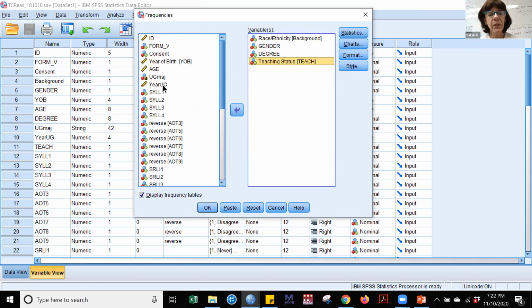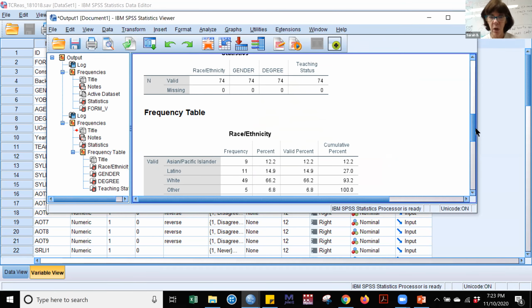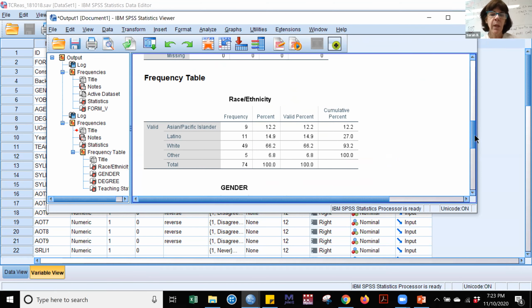You don't want to ask for frequencies of a scale variable like year or age, because those are continuous variables and you'll just get lots and lots of things, one for each level. And so we see that 74 people answered all of these. So there are no missing data on those questions.